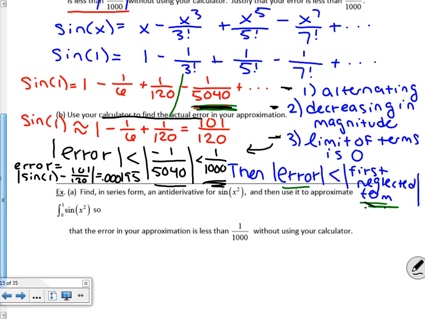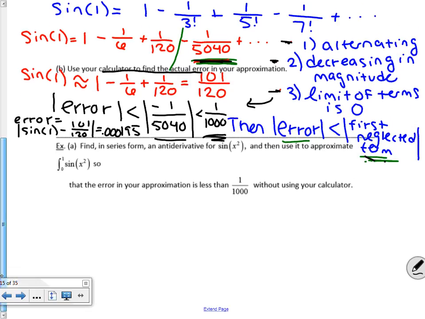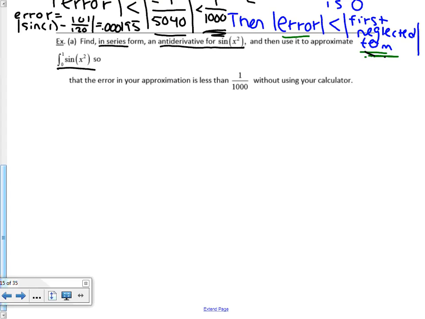All right, so in the second example, we scroll down a little bit. I want to find a series that represents the antiderivative for sine of x squared, and then I will use it to approximate this integral. So the first thing I should do is, let me scroll down a little bit more, give a little more room, find that series. So I know the series for sine of x.